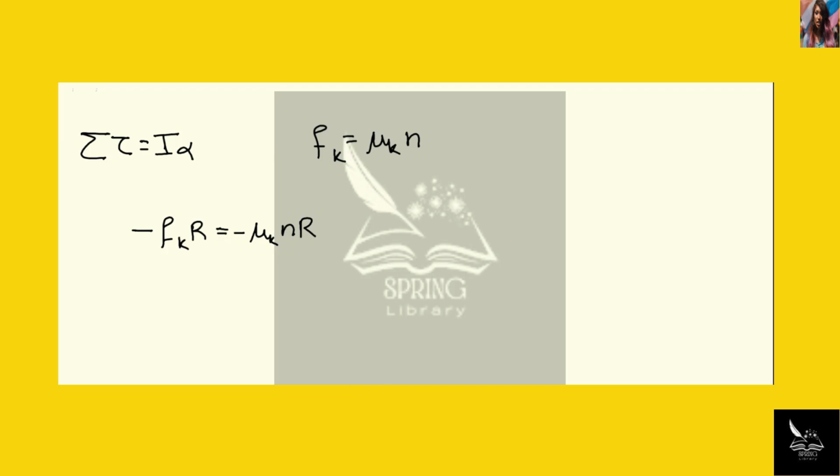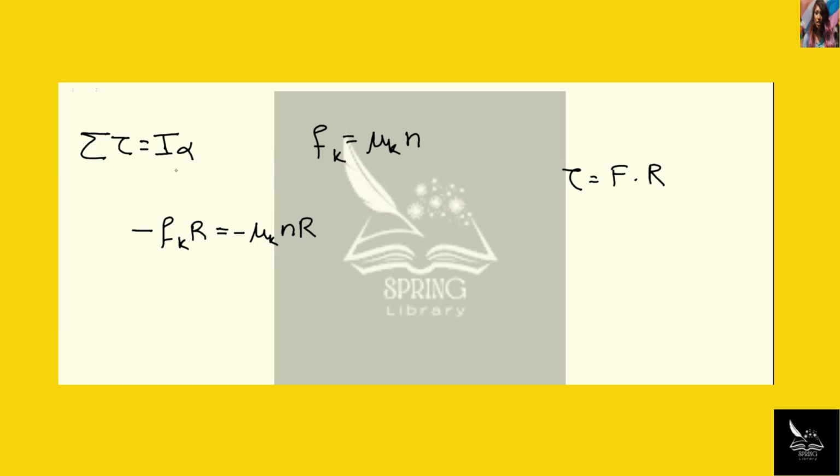We know that torque is equal to the translational force times the radial vector r. In our case, the translational force here is the frictional force, and we multiply that with r.